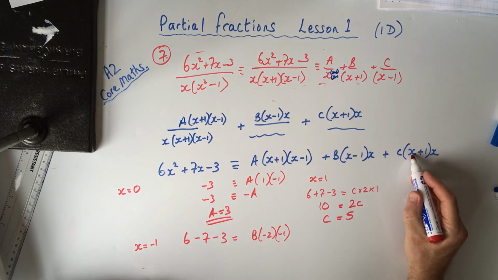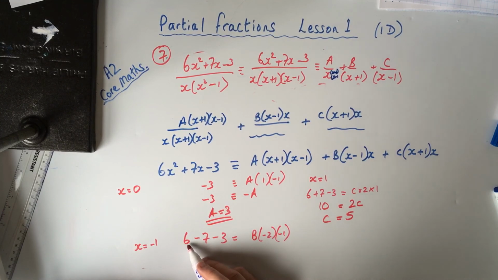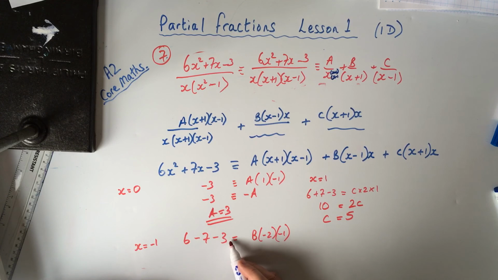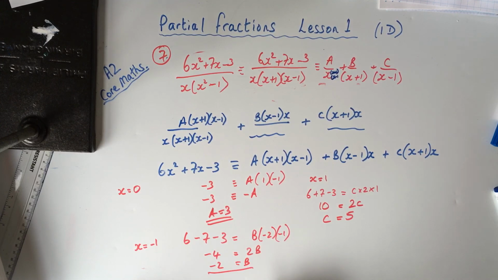And x is minus 1, so that's all 0, so that's all gone. So then we've got 6 minus 7 minus 3. So 6 minus 7 is minus 1, minus 3 is minus 4, is equal to, and you can see here that a minus times a minus is a plus, so is 2b, and divide by 2, so b is minus 2.